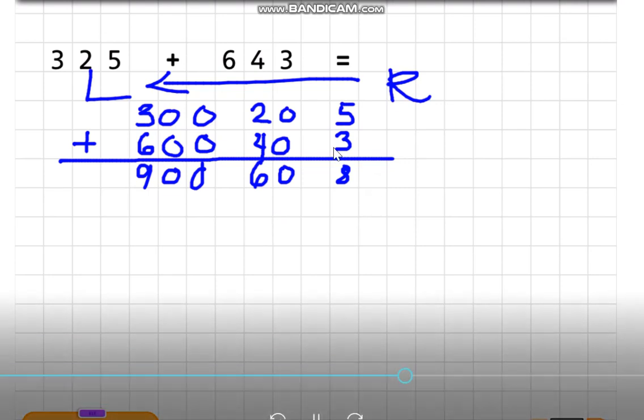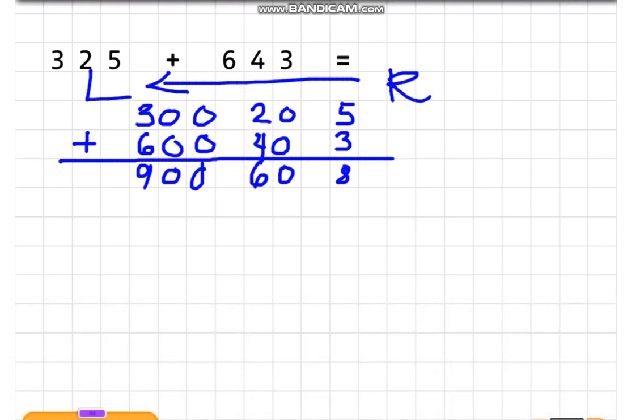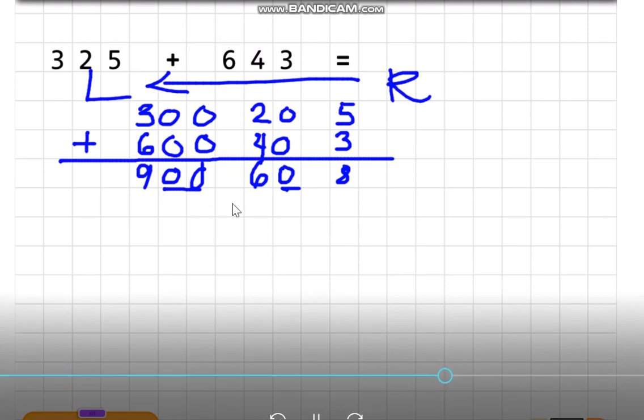Okay, so these answers here at the bottom are called the place value no work addition. Okay, what does it mean when we say no work addition? It means we don't have to work much because we are just going to take out the zeros, and we only have to put these whole numbers together, making it 968.